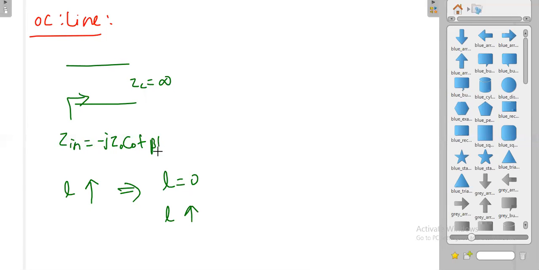What is the nature of cot βL? Will it increase or decrease? Because cot βL can be written as 1 by tan βL. As you increase the L, the contribution of this value decreases. That means this Zin decreases negatively.